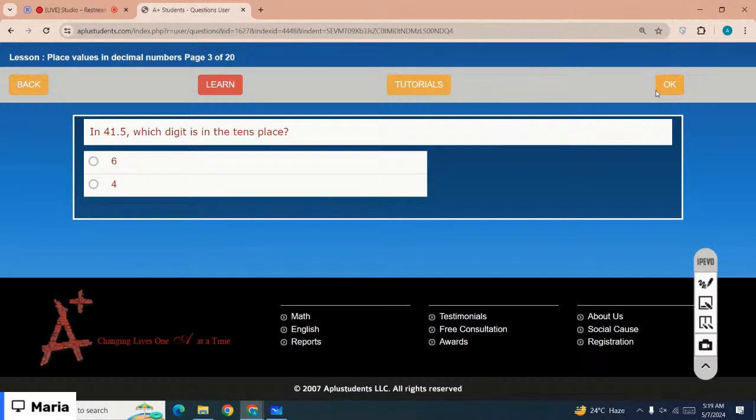Which is the correct option? 4 is at the tens place. The correct option is 4.